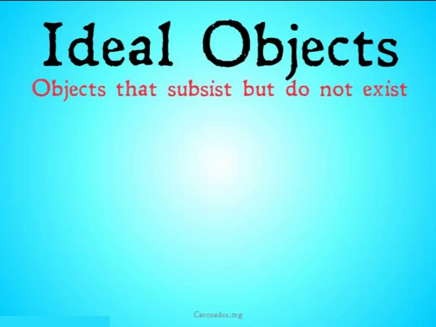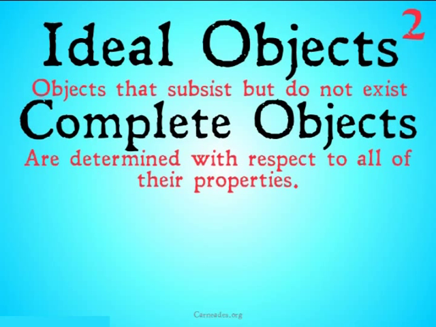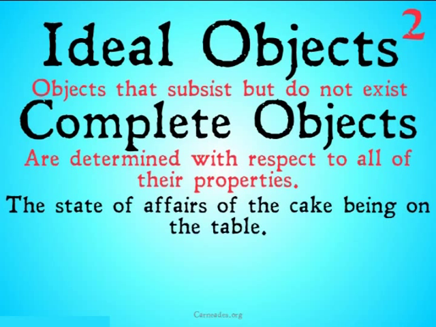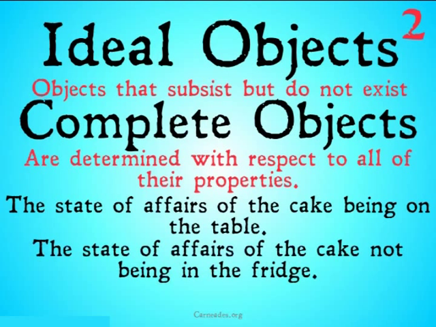Ideal objects are objects that subsist but don't exist. That's bucket number 2. What does that really mean? Well, they're complete objects as well. They're determined with respect to all their properties. But they're things like the state of affairs of the cake being on the table, or the state of affairs of the cake not being in the fridge. You can't really grab or hold the state of affairs of the cake being on the table, but it seems to be something.